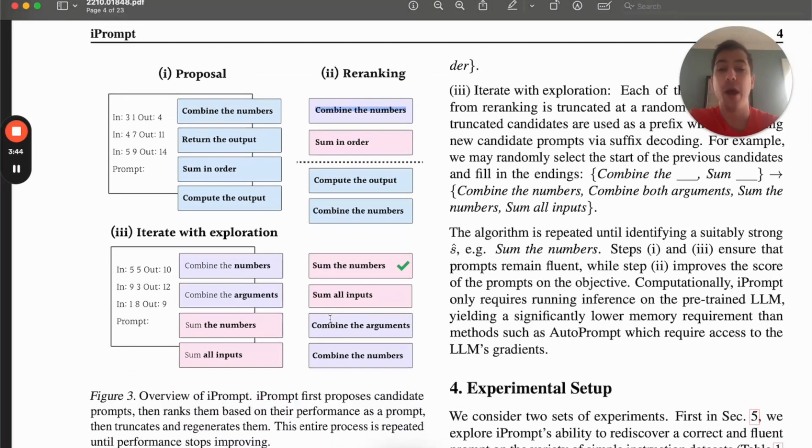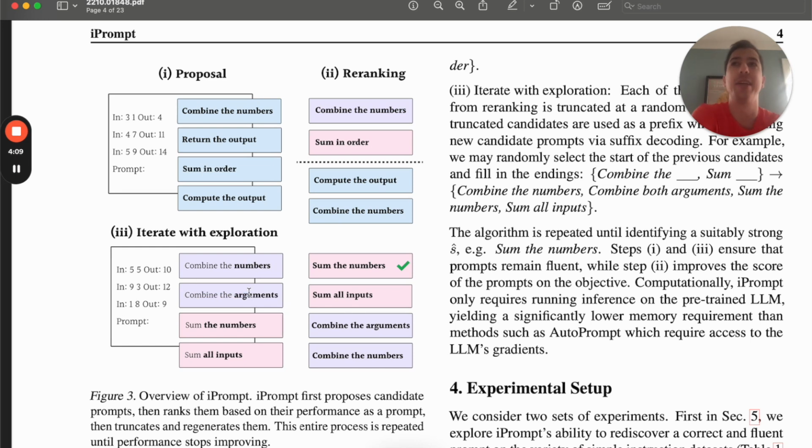They iterate by chunking or trimming their high-ranking instructions. So they will start with combine the numbers and then drop the word numbers and get GPT to decode a few more tokens with a higher temperature to give you combine the numbers but also combine the arguments.